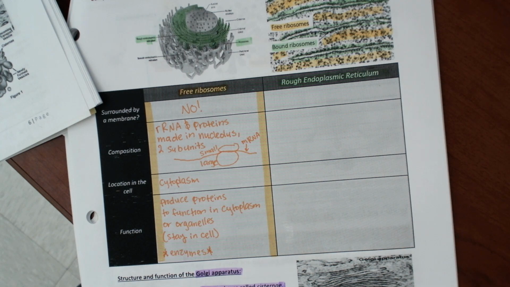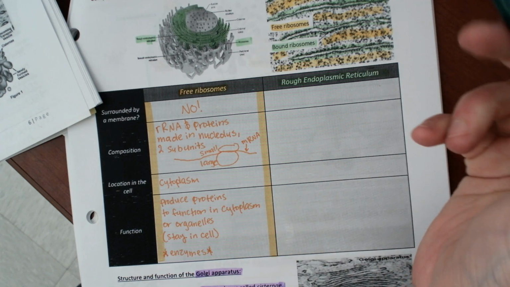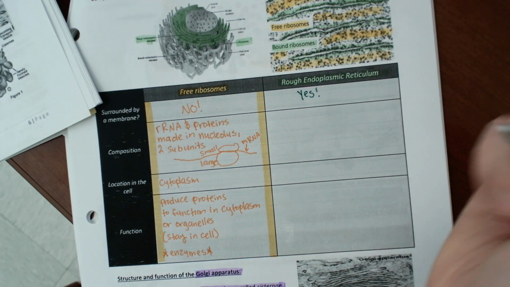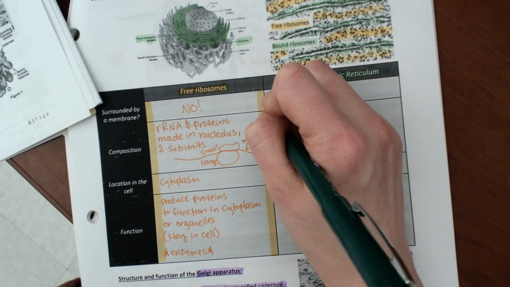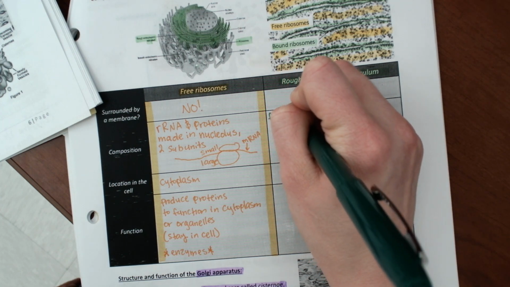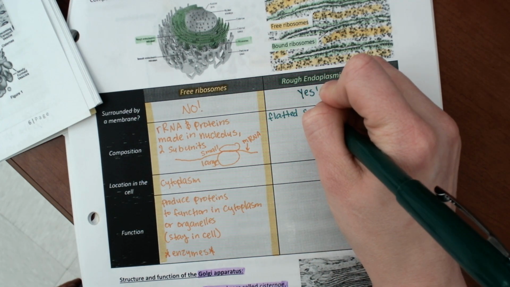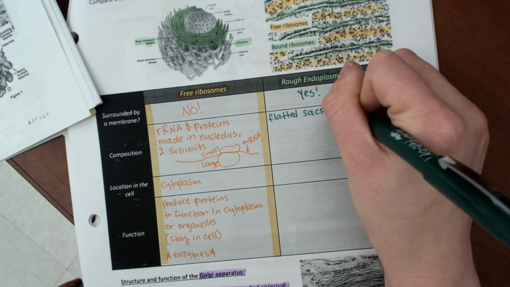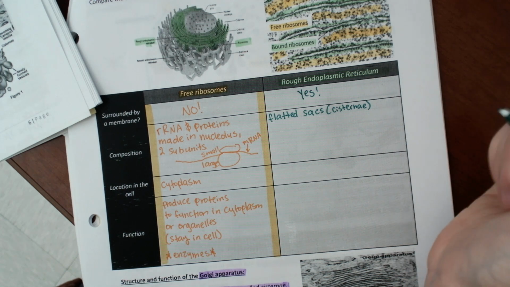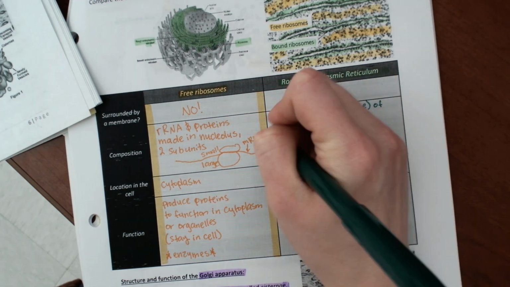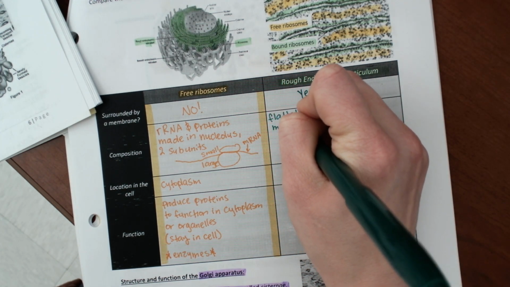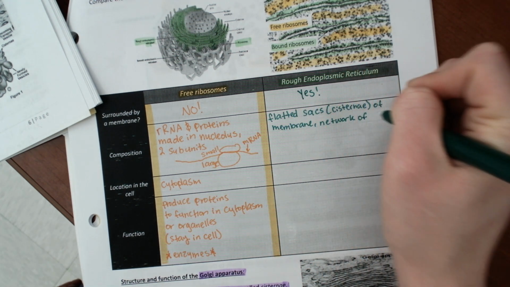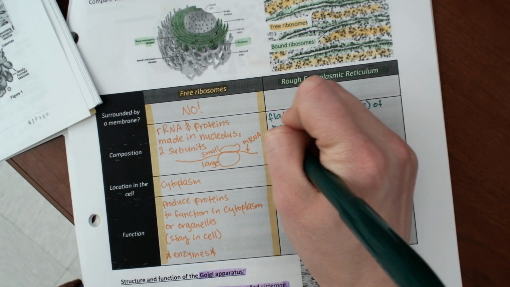And then for your rough endoplasmic reticulum, is it surrounded by a membrane? Yes, it is a membrane. For composition, it is flattened sacs called cisternae. It's the same thing in the Golgi of membrane, a network of tubules and channels for transport.